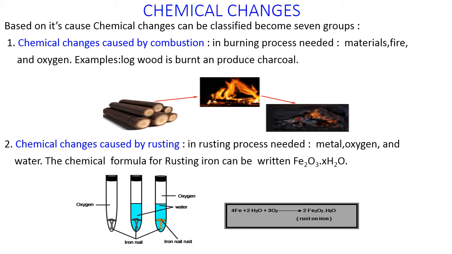But while iron nail, with the help of water and oxygen, created rust. The chemical reaction for rusting is 4Fe plus 2H2O plus 3O2 become 2Fe2O3.H2O, rust on iron.